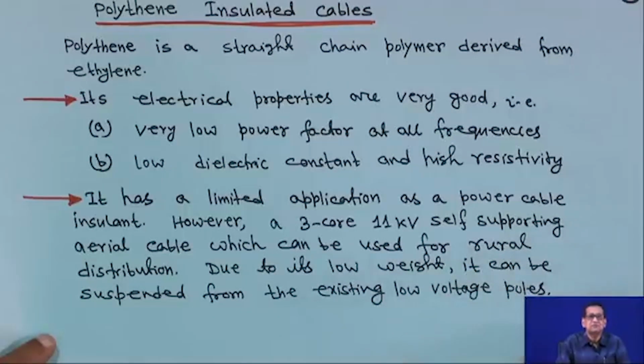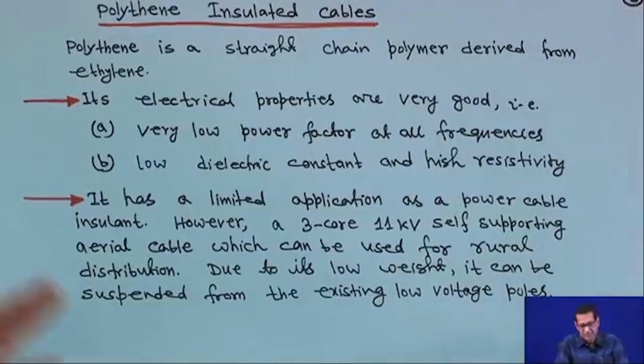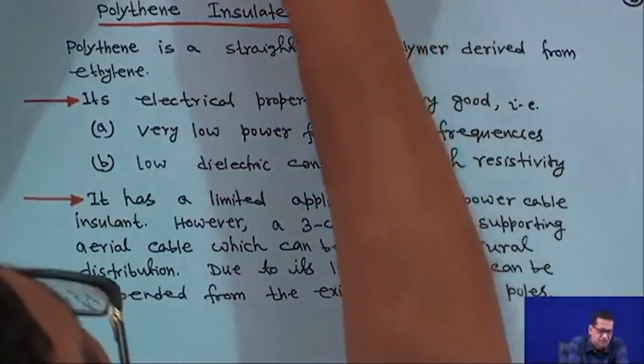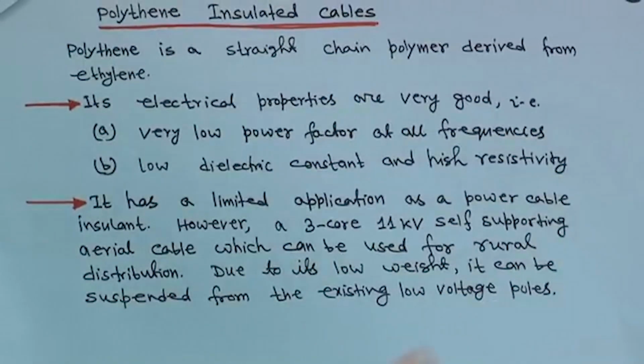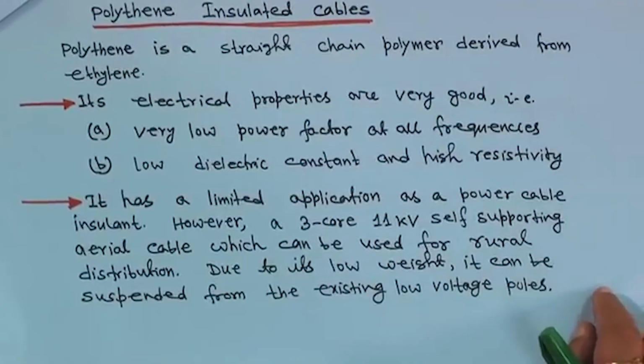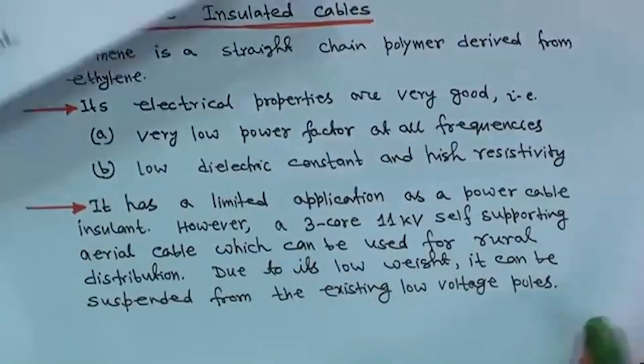I have seen this aerial cable in hilly areas, though I do not know about nowadays. I even saw it going through trees instead of poles, because many trees were there. I have seen it in the past.